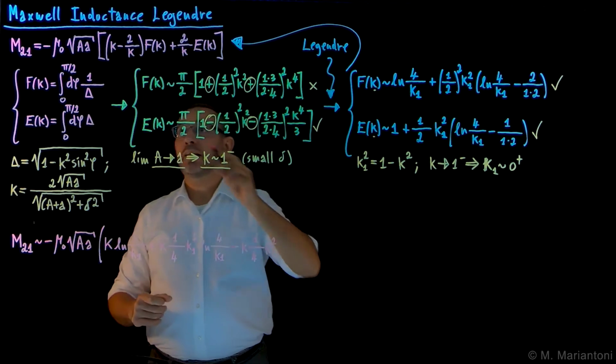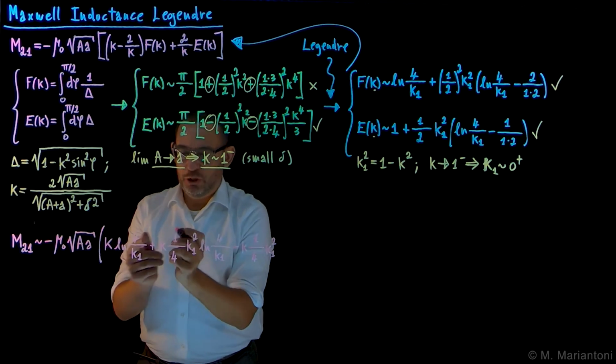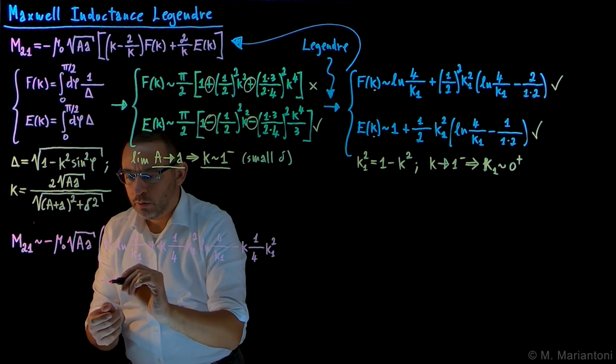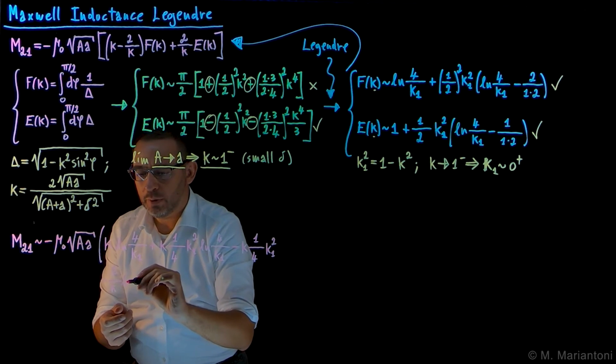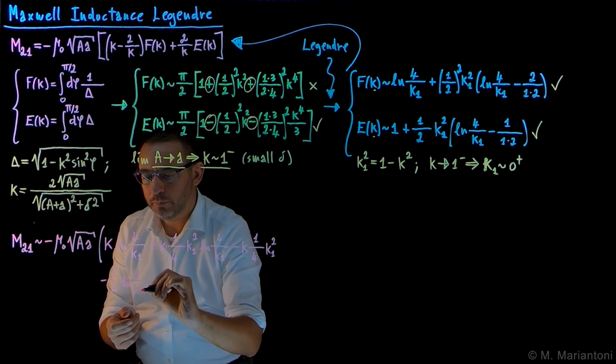Now, the second line is going to be minus 2 over k times this same quantity. So we just substitute, we change it, there is a minus, so this k becomes minus 2 over k times the natural logarithm of 4 divided by k1.